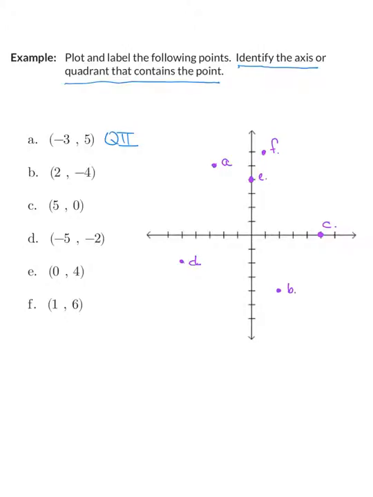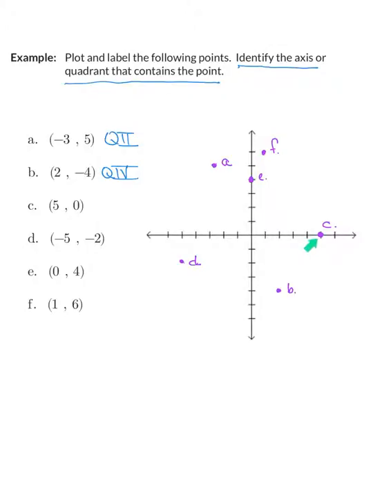Okay, B. Example B we had was over here, and recall that this is quadrant 4. We have 1, 2, 3, 4. So, quadrant 4. Example C. Where is example C?